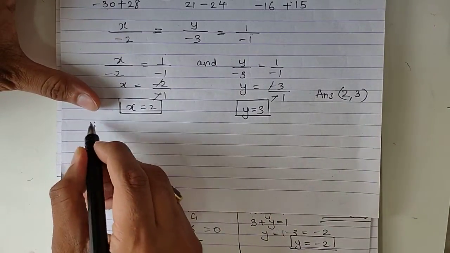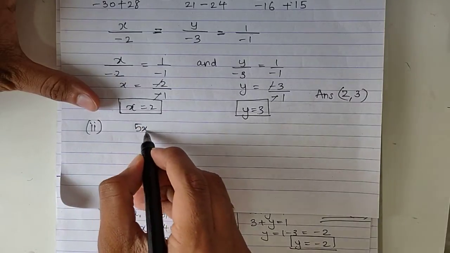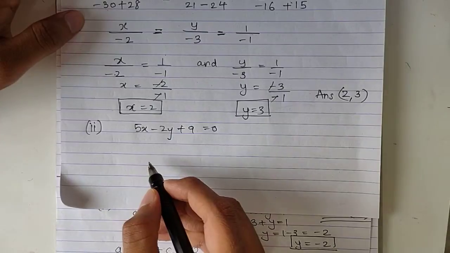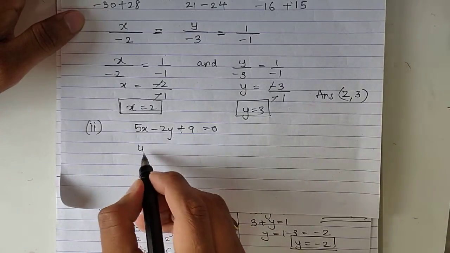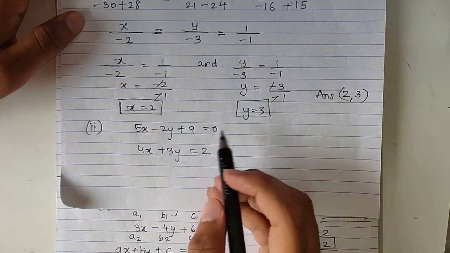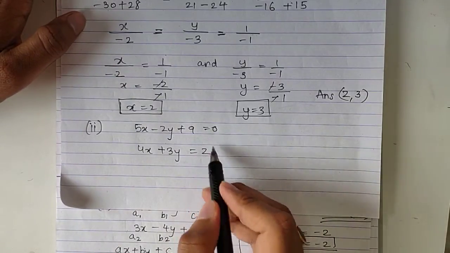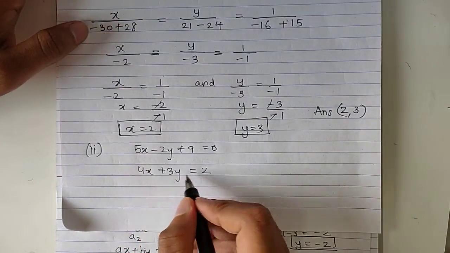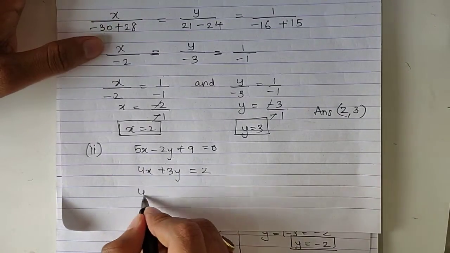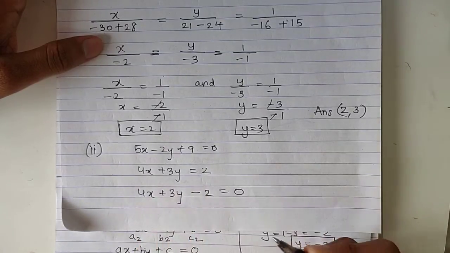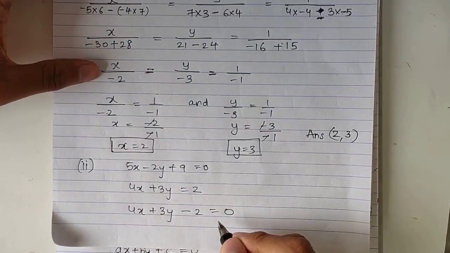In the second one, the question is 5x minus 2y plus 9 equals 0, and the second equation is 4x plus 3y equals 2. I told you first that this 2 you should bring here first. So this equation you will make as 4x plus 3y minus 2 equals 0.